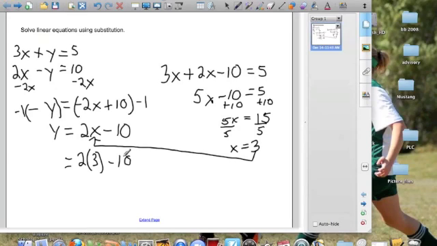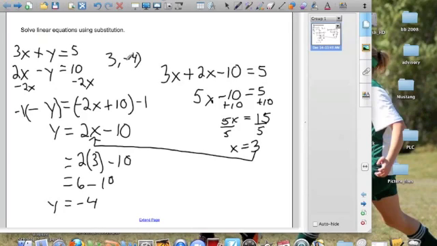This is what my y component is going to be. So I have 6 minus 10. So my y value is going to be a negative 4. So my ordered pair, my answer for this, is (3, -4).